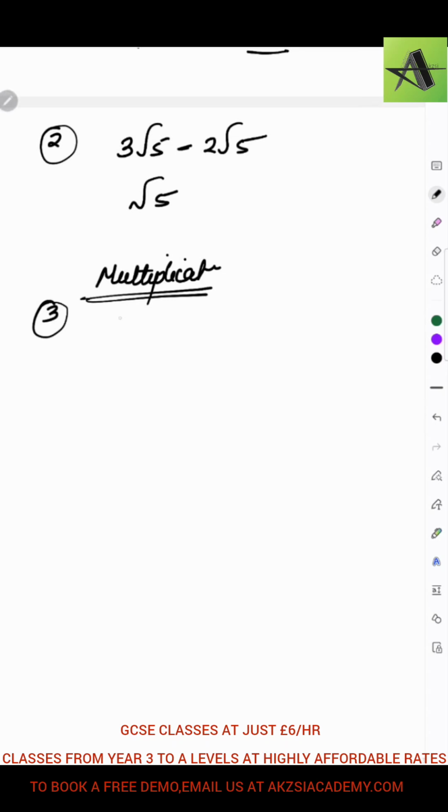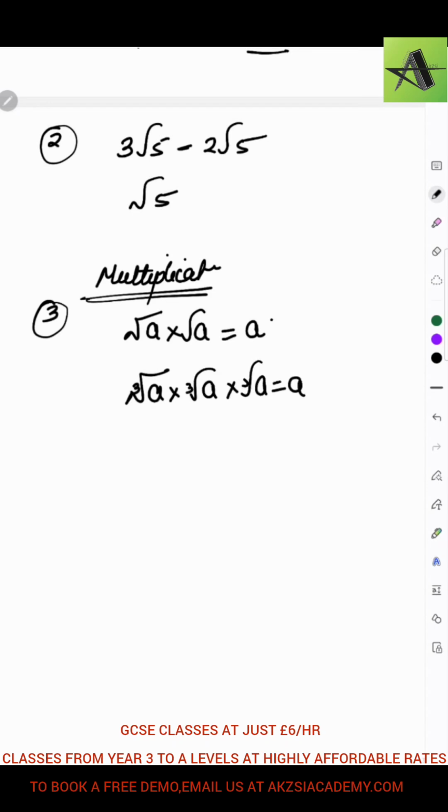If we are multiplying two square roots, root a times root a will give you just a single a. If it were a cube root, then it would be 3 times. Whatever the number is, that number of times you have to multiply to get a single integer. But since that's not in your syllabus, we'll be sticking to square roots solely.